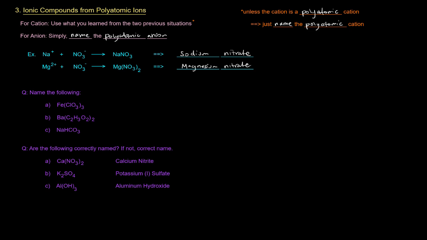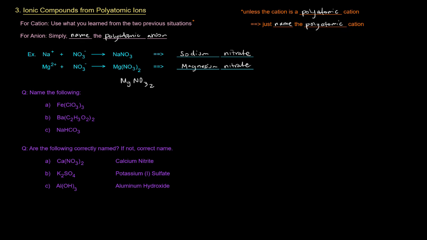So if I have a charge of +2 coming from just this single magnesium, then I need 2 of these entire NO3 minuses. I need those 2 negative charges to balance out the +2 charge from magnesium. So I can't just write it as MgNO32. That would mean 32 oxygens, which is not right.